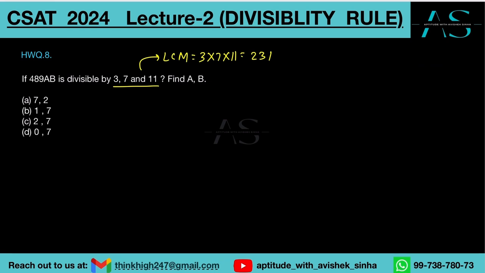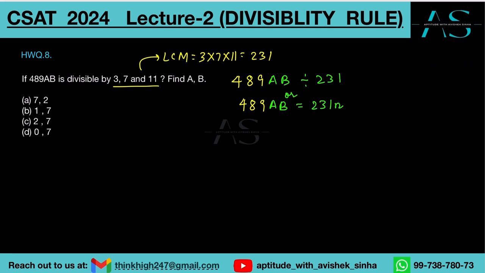Now, the number that I am looking out for, which is 489AB, must be divisible by 231, or 489AB must be equal to 231n. That means this number is a multiple of the other number. I hope you are following this.